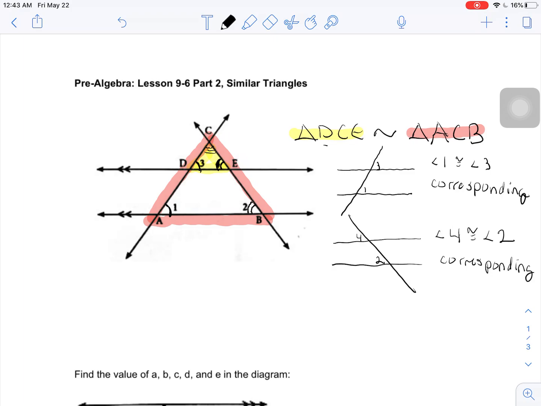So by matching up our corresponding angles and by looking at the angle that they are literally sharing at the top of the triangle, we can prove that all of the corresponding angles are congruent. And we know from yesterday when we talked about similar triangles that when all of the angles are congruent, two shapes will be similar. So that proves or kind of backs up our statement that we made about the triangles being similar.